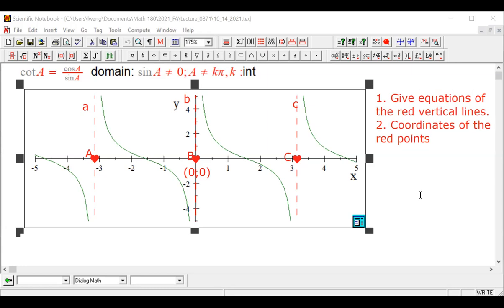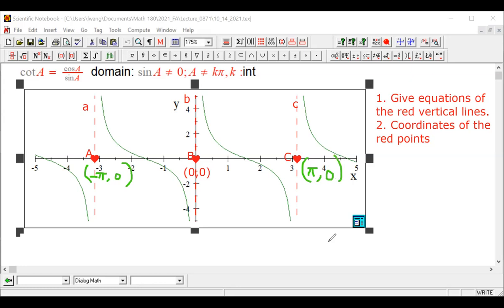Can you mark those? Okay, Kelly marked. Negative pi, 0 is A, and C is pi, 0. Perfect, very good job. A is negative pi, comma 0, and the next point is pi, comma 0.